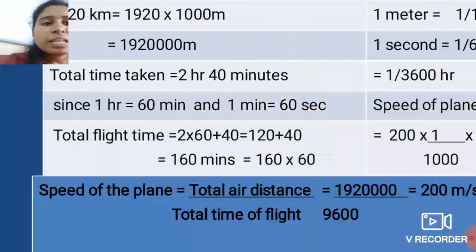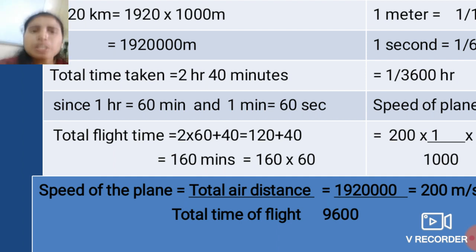Got it students? What will be the answer? 160 into 60 is 9,600 seconds. So this is the total flight time, that is 9,600 seconds.